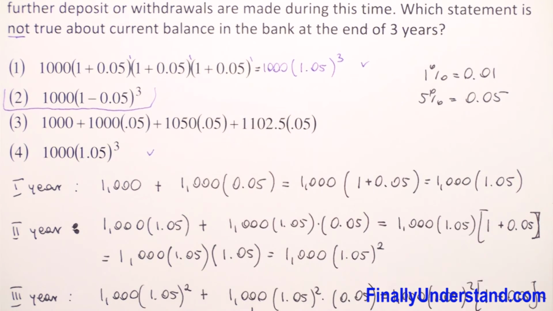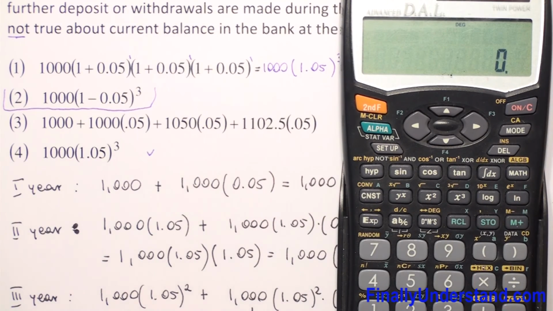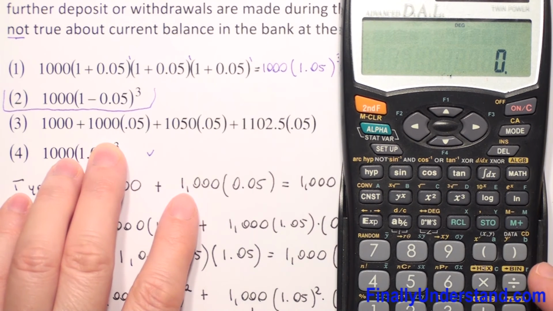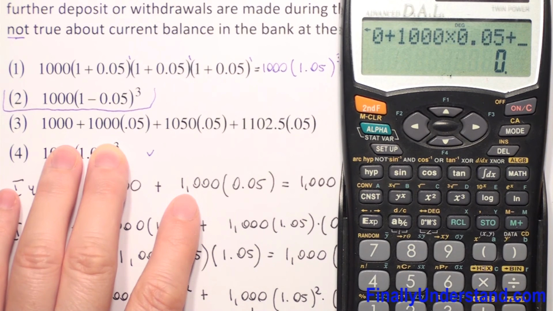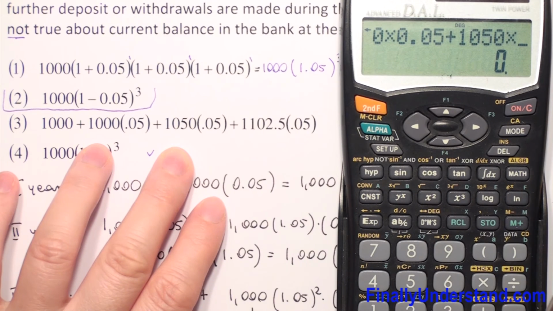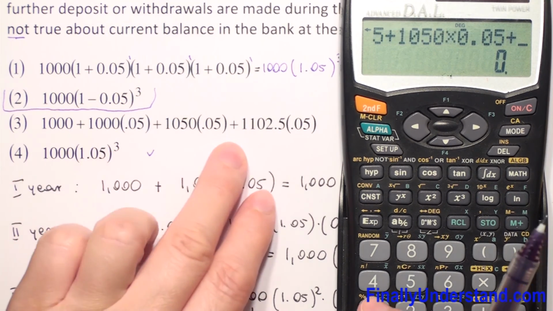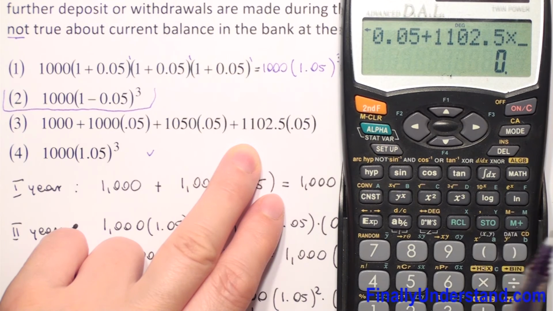If you use a calculator and calculate what we have in the third statement, it will be 1,000 plus 1,000 times 0.05, plus 1,050 times 0.05, plus 1,102.5 times 0.05.